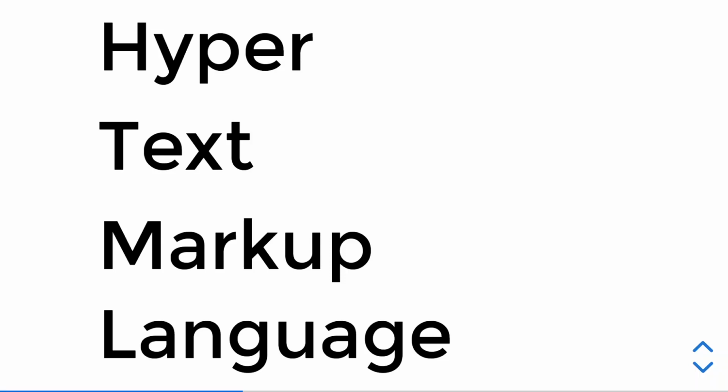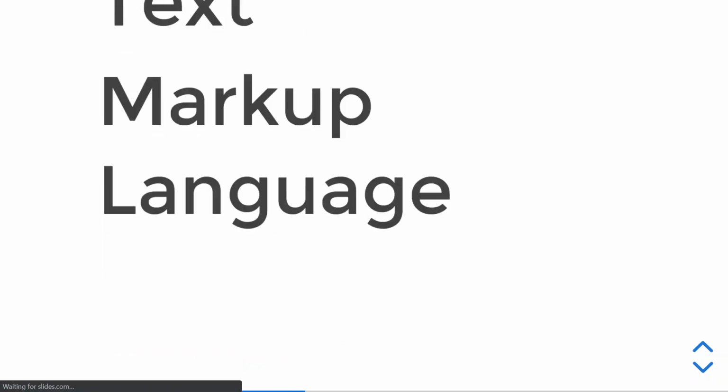It can perform some advanced tasks rather than being dumb text. That's what is called hypertext. And markup means anything that can be changed, anything that can have more functionality added to it. That's what hypertext markup language is. It's a markup language, not a programming language.